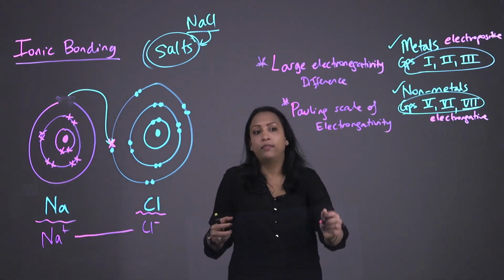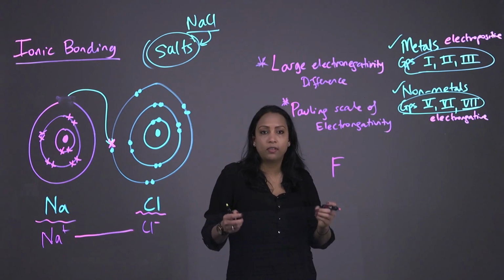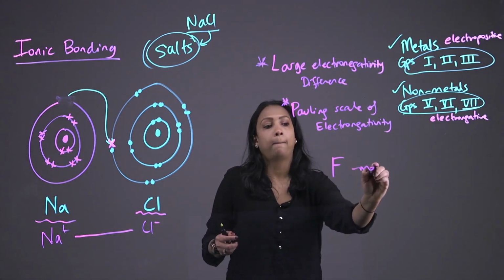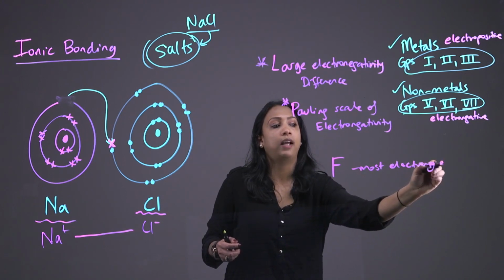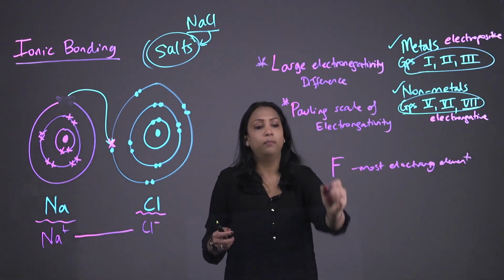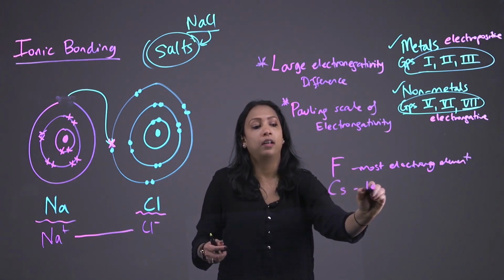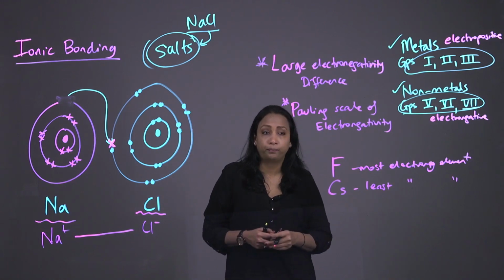Fluorine, symbol F, is the most electronegative element in the periodic table, whereas cesium, element Cs, is the least electronegative element in the periodic table.